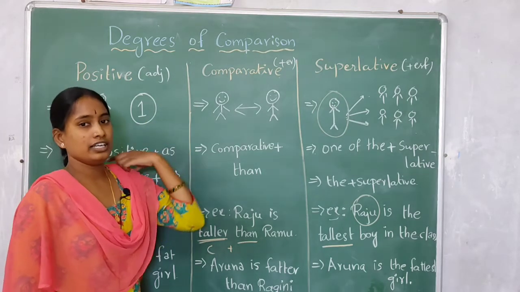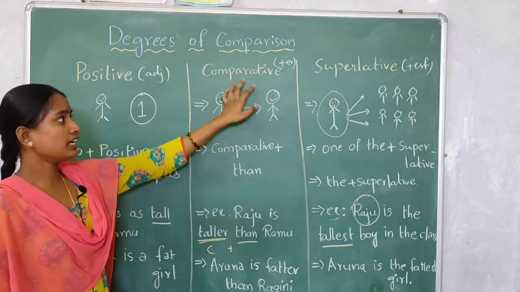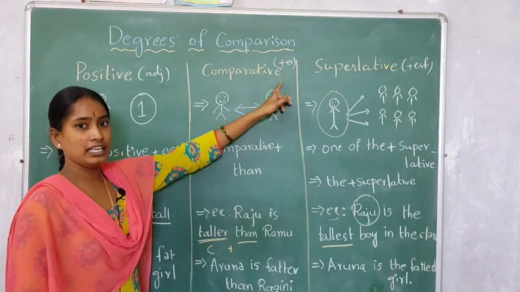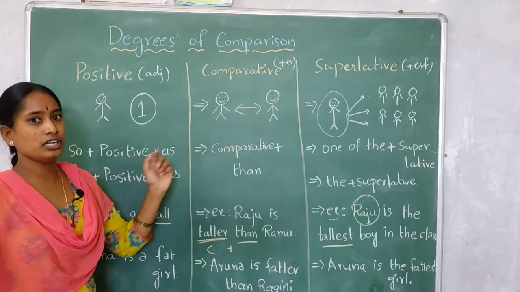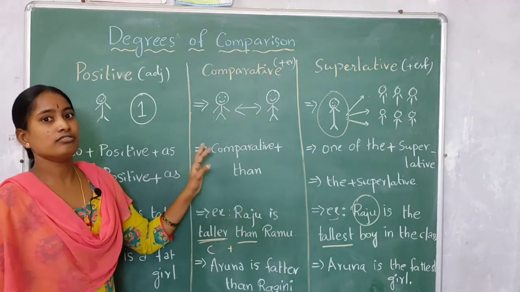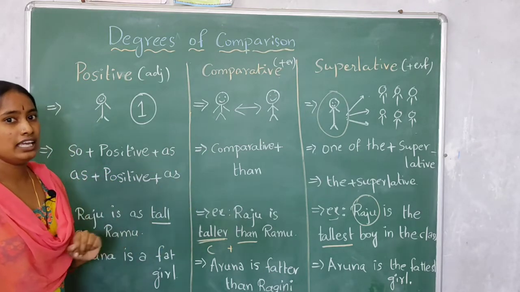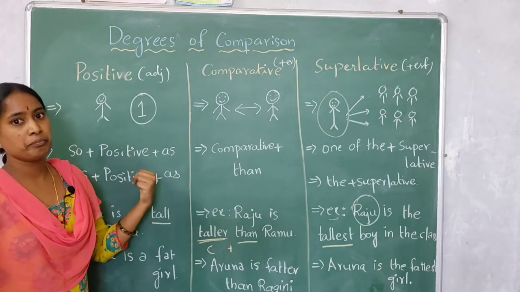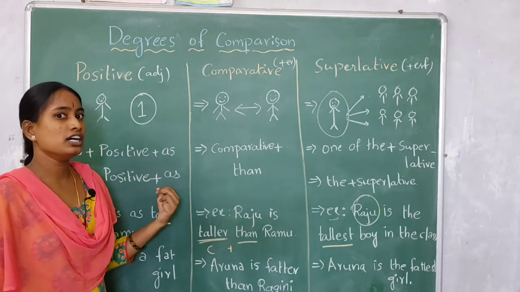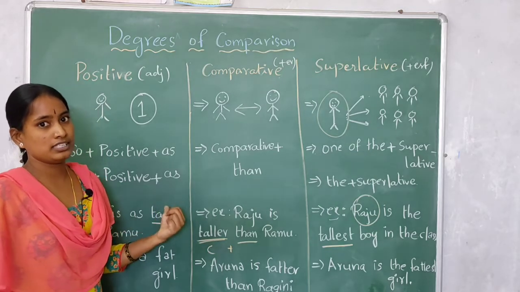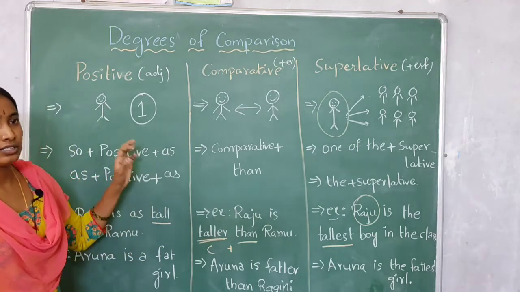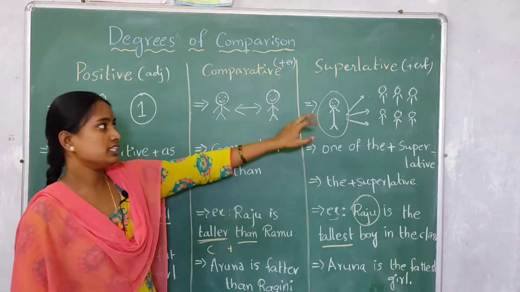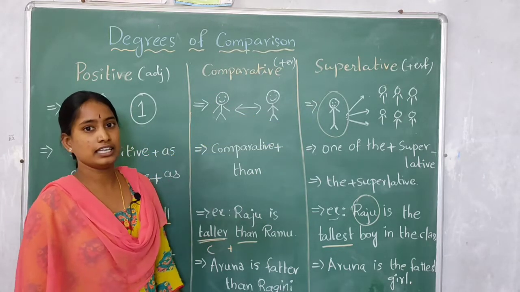Next, comparative degree. We will get this comparative degree by adding er to the adjective. At the end of the adjective we should add er. Let us say for example tall, taller, big, bigger, short, shorter, quiet, quieter, busy, busier. So all these are the comparative degrees. Next, superlative degree.